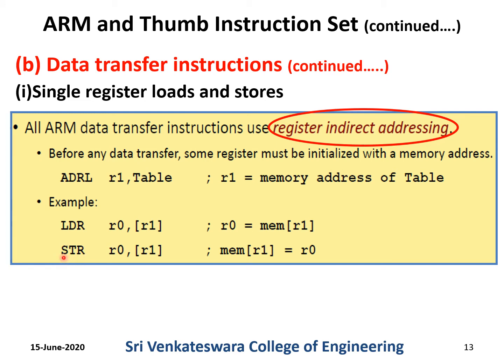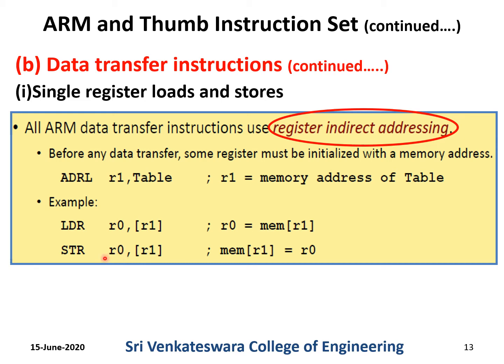The STR store instruction is used like this: STR R0, then register indirect address. So R1 is pointing to a location where we have to store the operand present in R0.